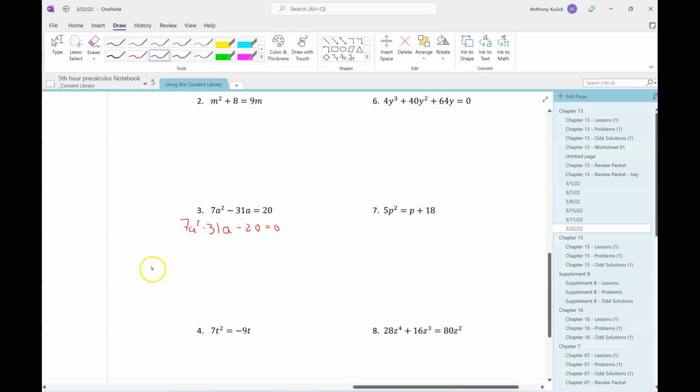So if you remember, the quadratic formula says x equals negative b plus or minus the square root of b squared minus 4ac, all over 2 times a.